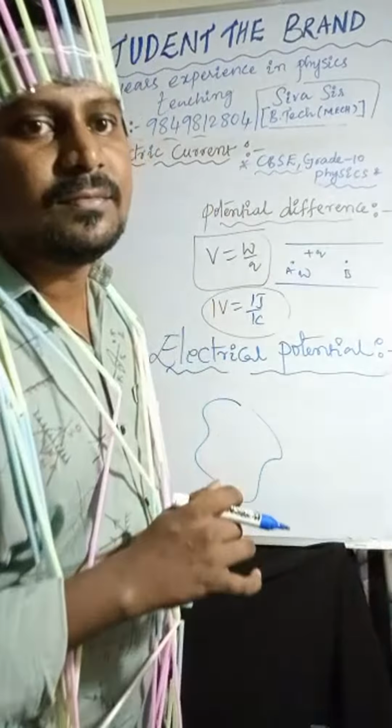So this is infinity. We are bringing positive charge from infinity to the required field. We are doing some work to bring unit positive charge from infinity to the required field.